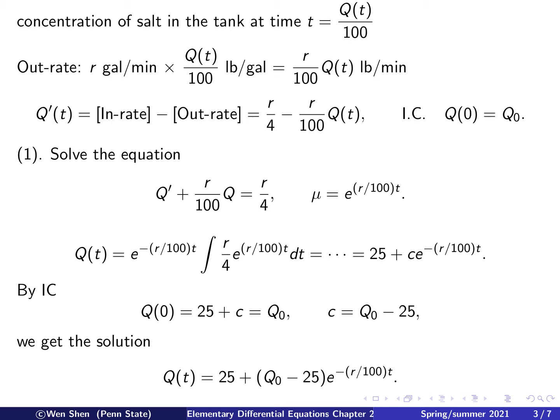Okay, finally, now plug c into the solution, and we get the solution: Q of t is 25 plus c, which is this number, put it in here, times the exponential function. So this gives us the amount of salt at any time t. So that's the solution.